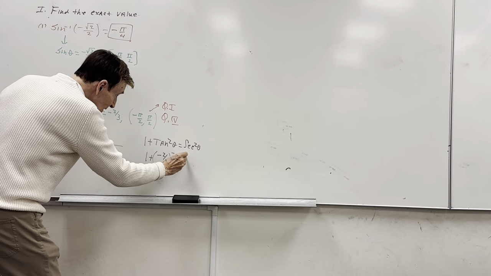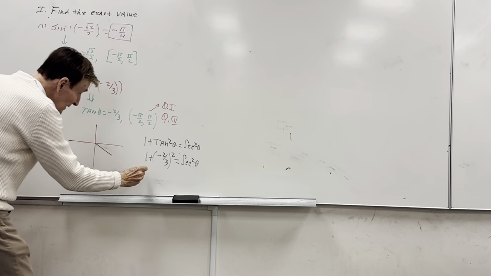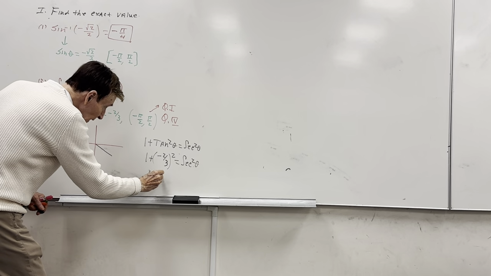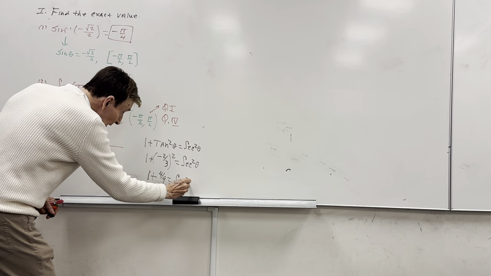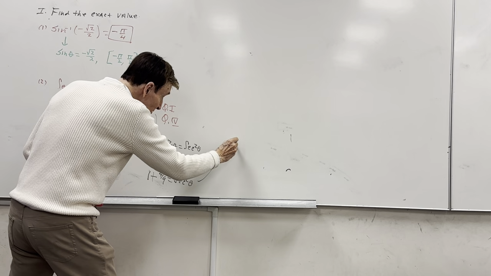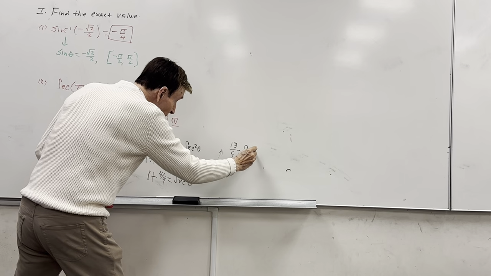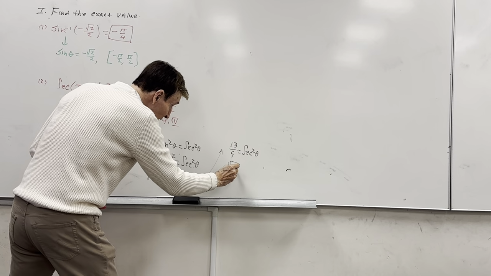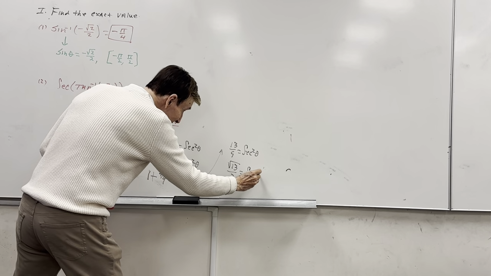It looks like it's going to be 1 plus 4/9. What is that, 13/9? Do a square root, that's square root 13 over 3. And this is for secant.